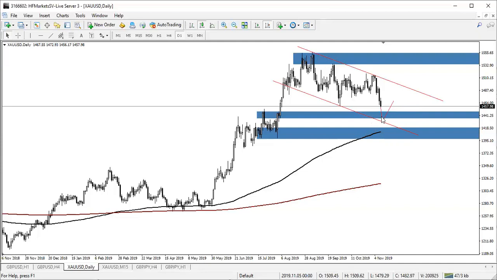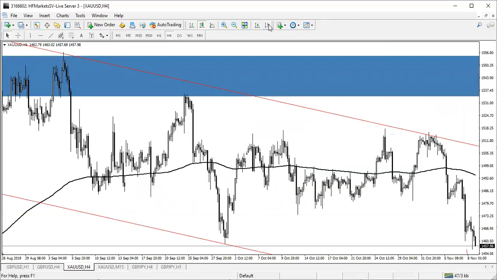So a sell to test the zone, further to test the lower boundary of the channel, then a pullback to the upside on the daily time frame.